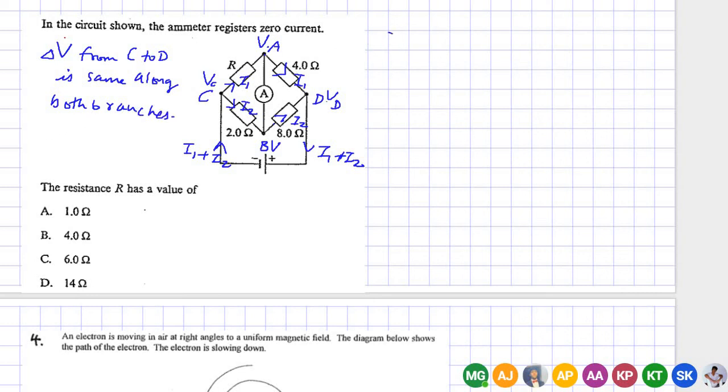This implies that the potential drop from C to A is I1R, plus the potential drop from A to D, which is I1 into 4, is equal to the potential drop from C to B, which is I2 into 2, plus the potential drop from B to D, which is I2 into 8.